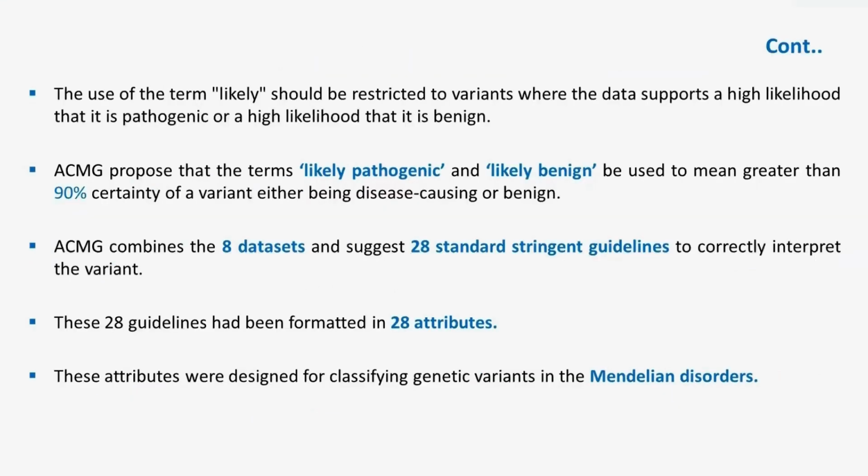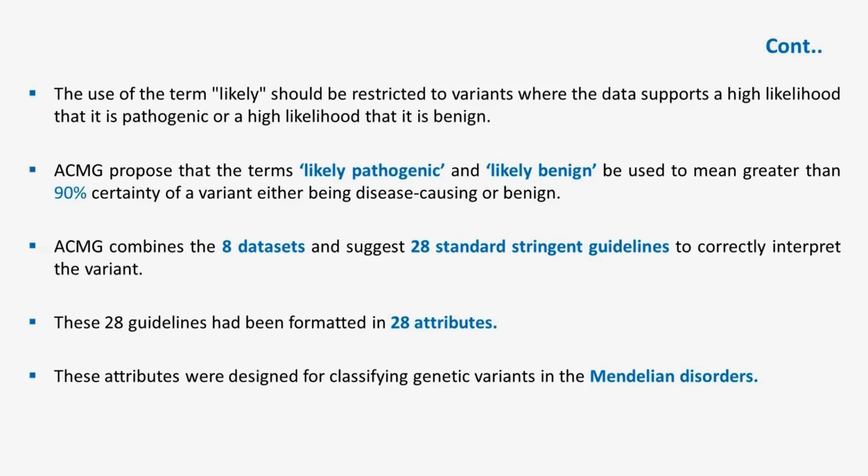ACMG suggests that the terms likely pathogenic or likely benign are used when there is greater than 90% certainty of a variant either being disease causing or benign. Meaning if we are saying that a particular variant is pathogenic, then there is a greater than 90% chance of that variant being pathogenic.